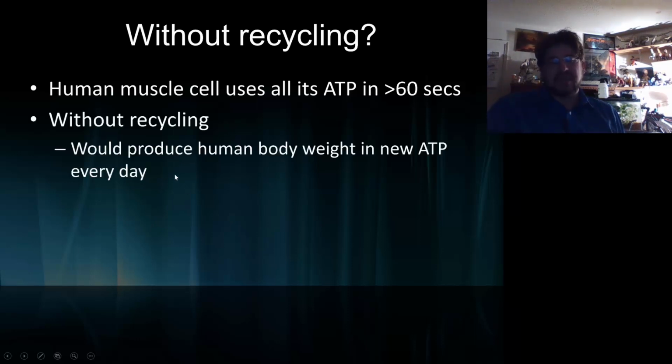So without recycling, we would have to produce our entire human body weight in new ATP molecules every single day just to power the energy requirements of our body. That is impossible. We would die while eating trying to get enough nutrients, but the very energy required to break down the nutrients to make ATP would take more energy than we have available, and we'd all die with cake in our mouths, probably naked on the floor weeping.